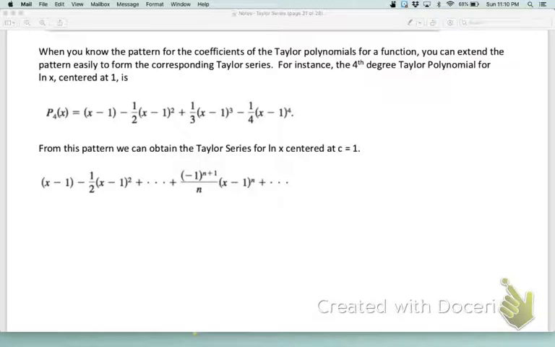So for example here, what we've got written out is the fourth degree Taylor polynomial for the natural log of x centered at 1. And so if you look at the pattern, we see that it's alternating. We see what the fractions are doing. It's 1 over 1, 1 over 2, 1 over 3, and so on and so on.